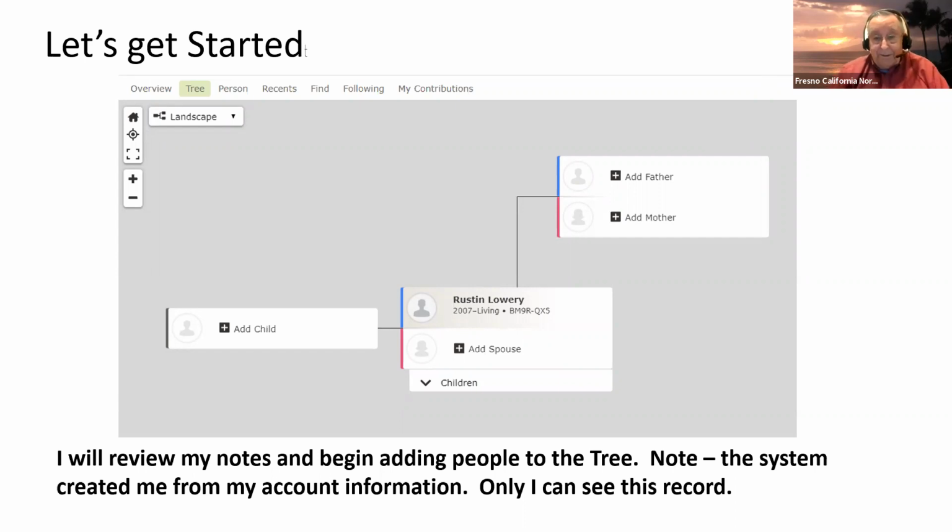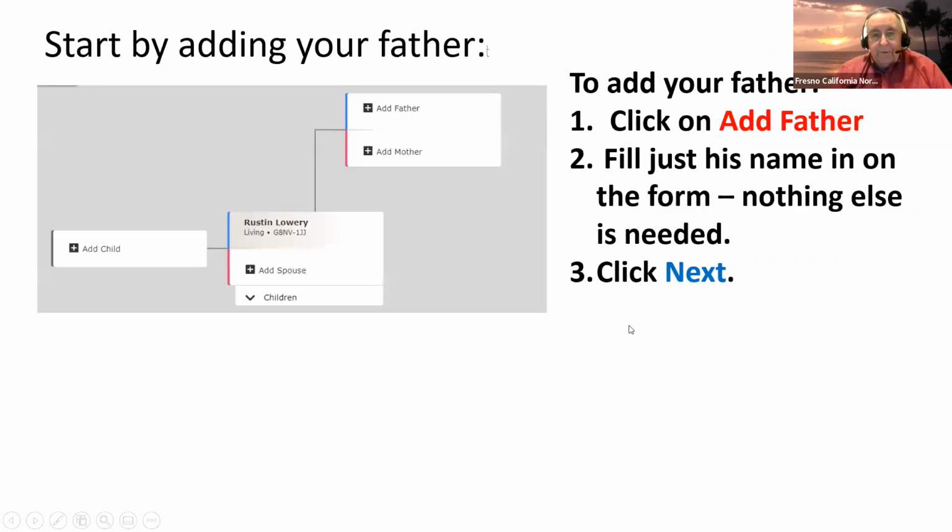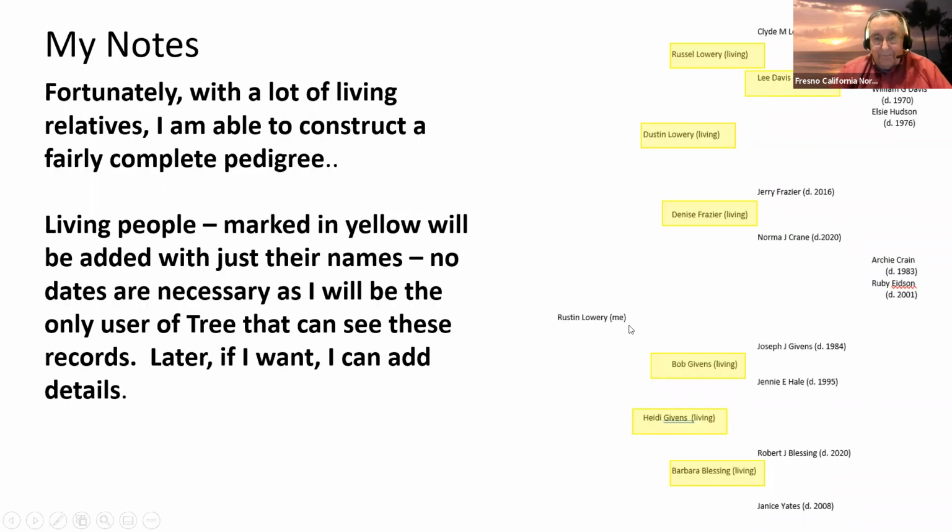Okay, so we need to get started. And so the first thing we're going to do is go back and look at our notes. So I typed up a little pedigree chart and I color coded it. And so I've got Rustin down here, which would be the equivalent of you or whoever you're doing this tree for.